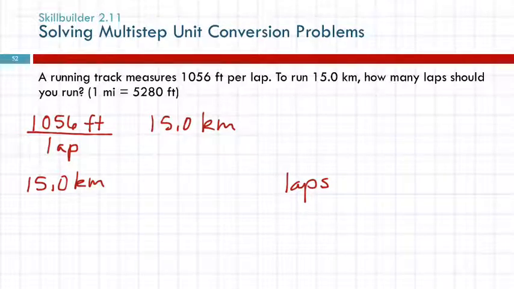Okay. Well, this gives me a relationship between feet and laps. So if I had feet, I could get to laps, right? Well, kilometers to feet. Well, here I've got miles and feet. So if I had miles, I could get to feet. Oops, that's not what I wanted.